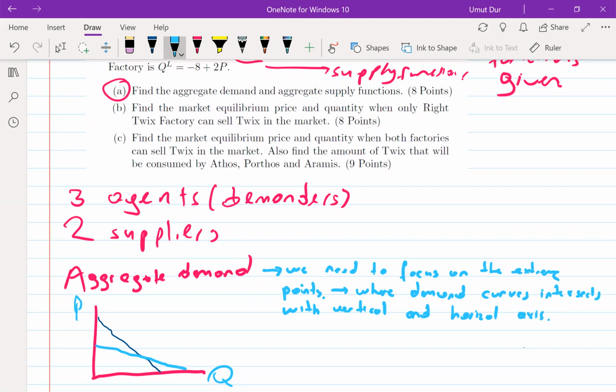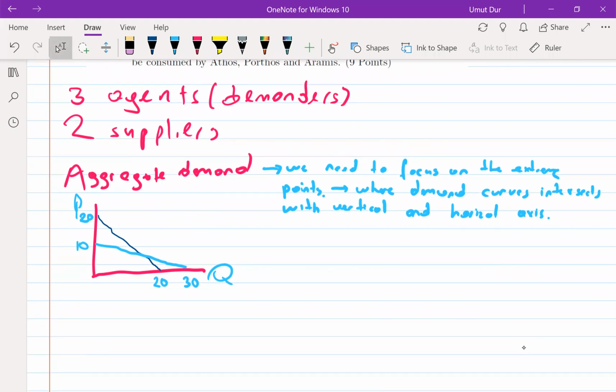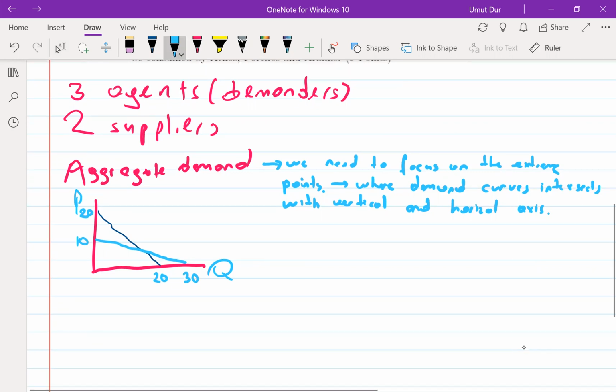Let's say that this intersection for the vertical axis is 10 and this point is 20. This maximum point that the dark blue one is 20 and this is 30. These extreme points will help us a lot. Let's say that this is individual 1 and this is individual 2.